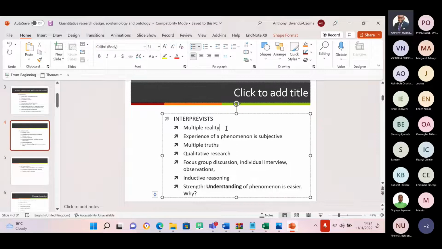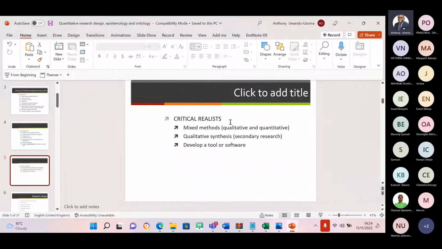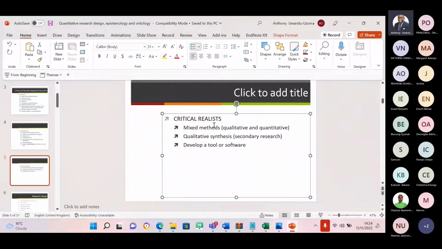Interpretivist ontology, they believe in multiple realities. So make sure that your ontological position is clear in your research. Then for a critical realist, the ontology is that he wants to combine the evidence from both sides.